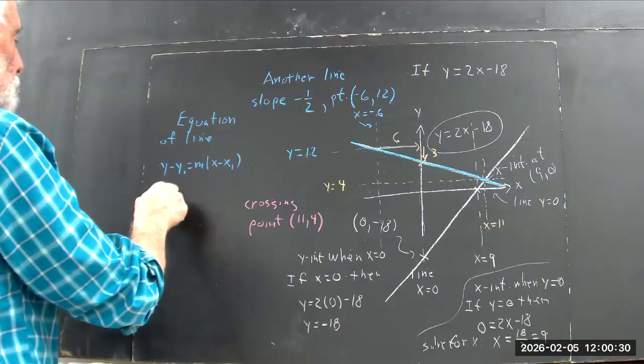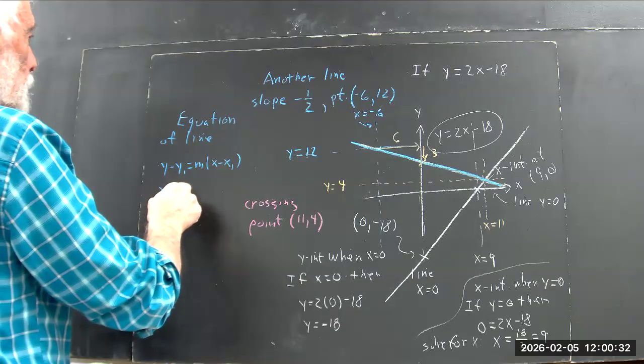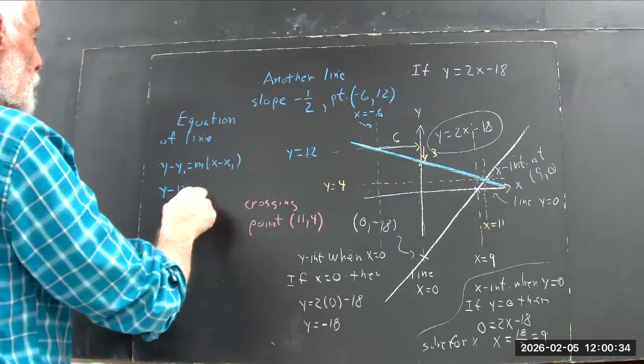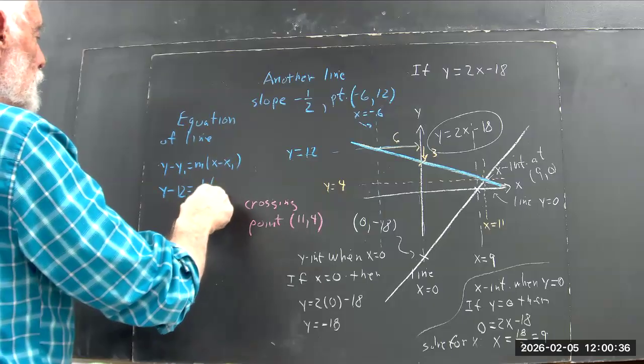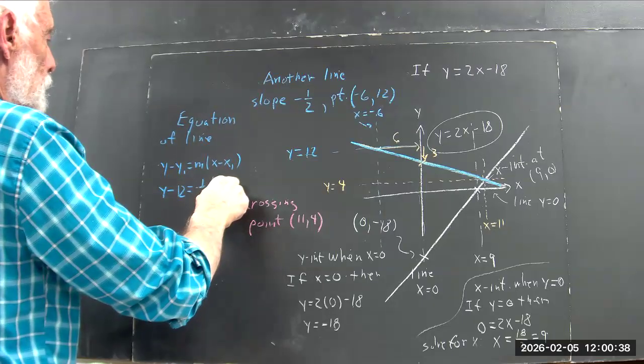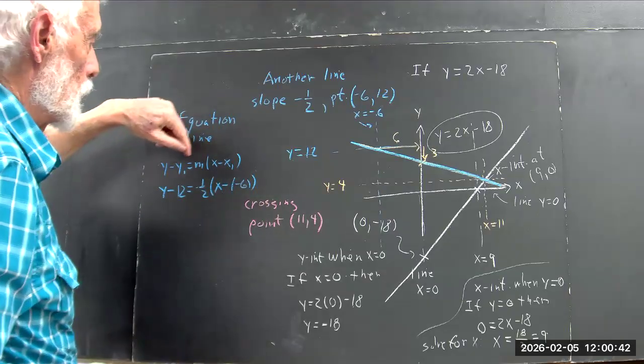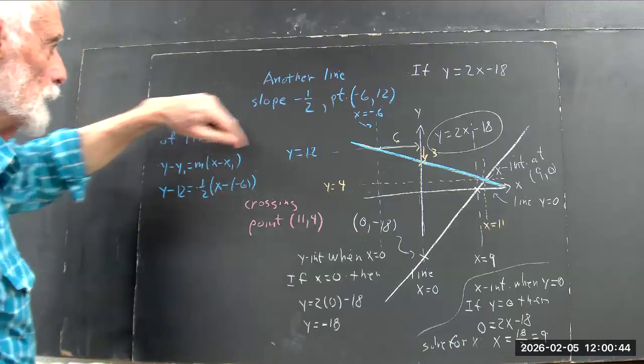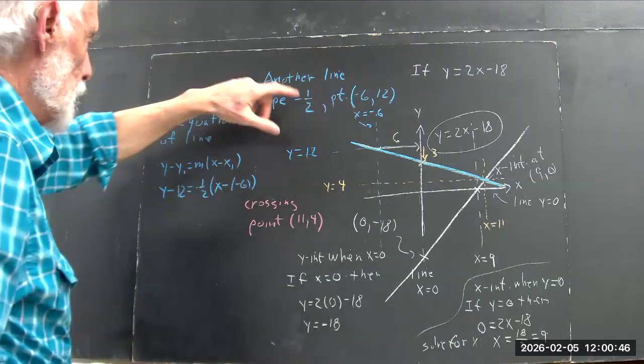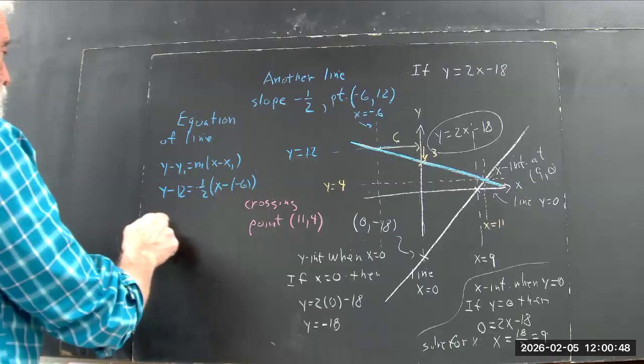And that's going to be y minus 12 equals negative 1/2 times the quantity x minus negative 6, using x1, y1 as negative 6, 12 and m as negative 1/2.